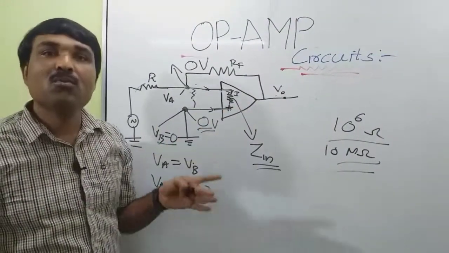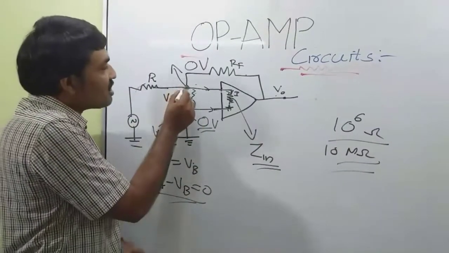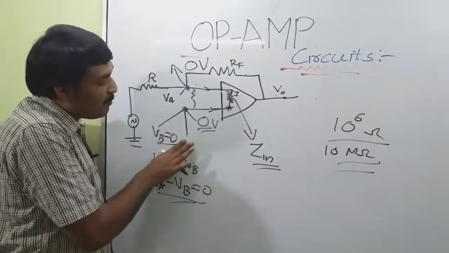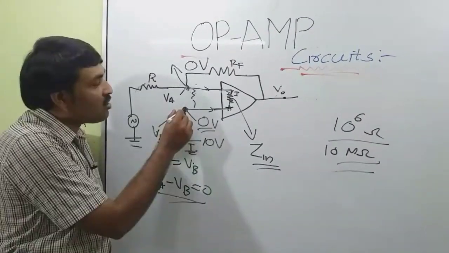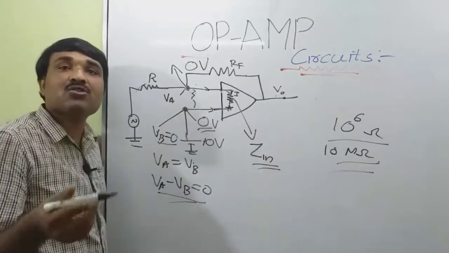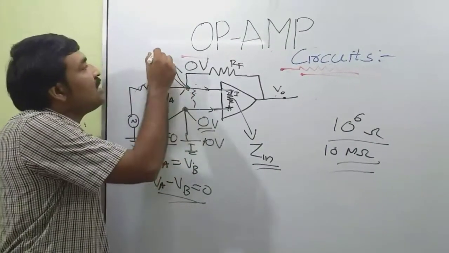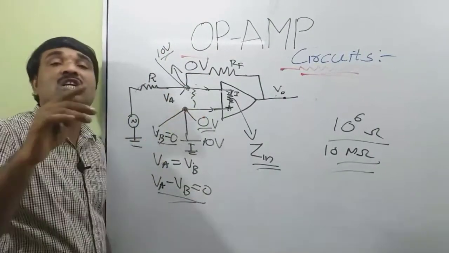So most of the problems can be solved by using this concept, that is potential at this point should be the same as that of this point. If I am applying a potential of 10 volt here, a 10 volt DC source, so the voltage at this point is 10 volt. So as per the concept of virtual ground, potential at this point should also be 10 volt. So 10 volt minus 10 volt, the potential difference is 0.